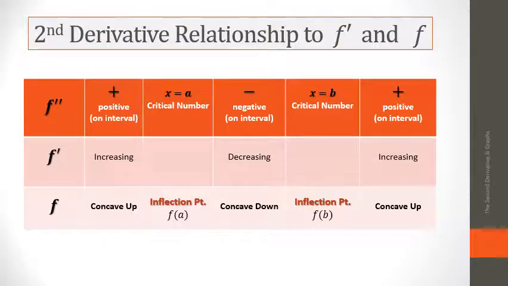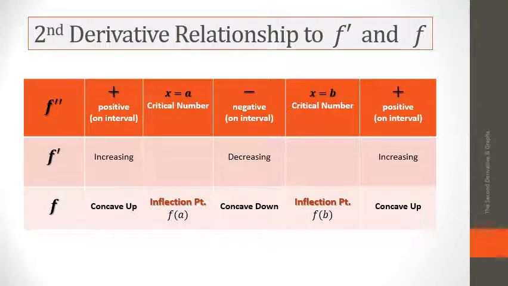What we haven't talked about is a three-part relationship, and I'm not going to really spend a lot of time on this, but it is nice to know, and it comes in handy sometimes. So if you only have the first derivative, you can still figure out concavity, because remember, the derivative of the first derivative is the second derivative.